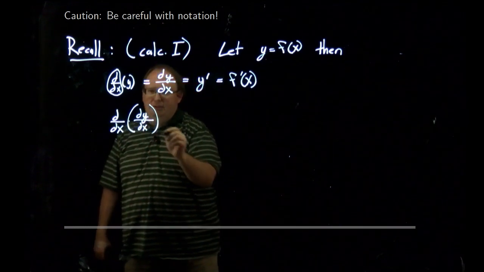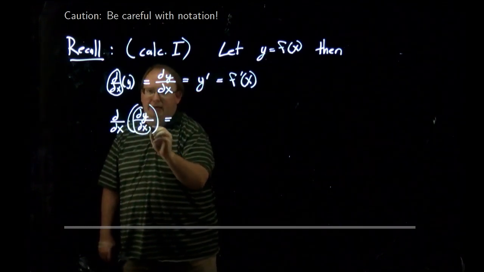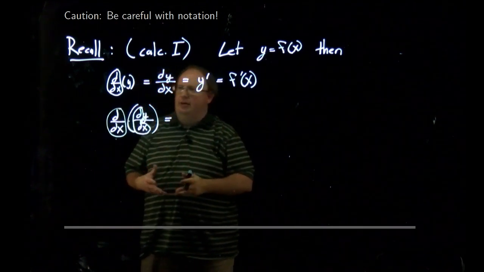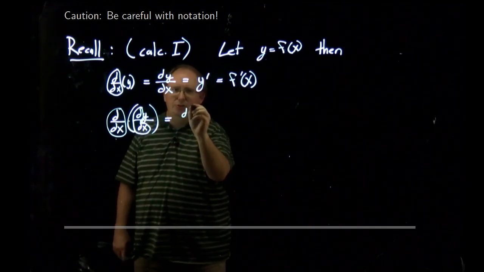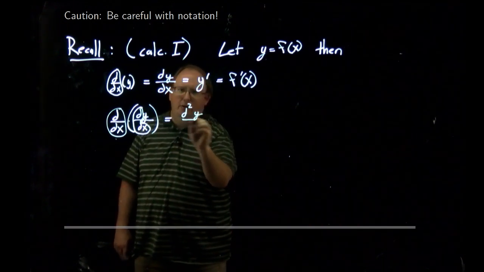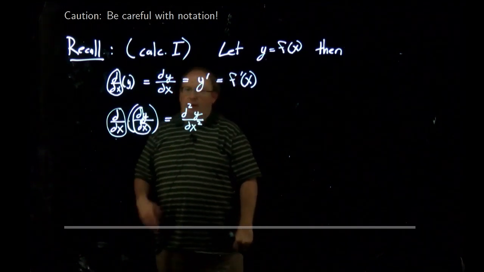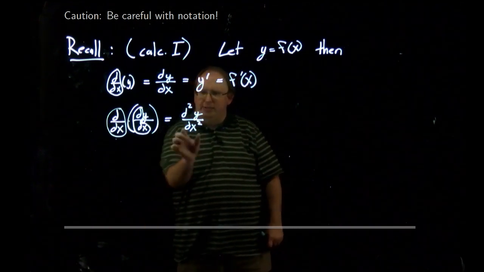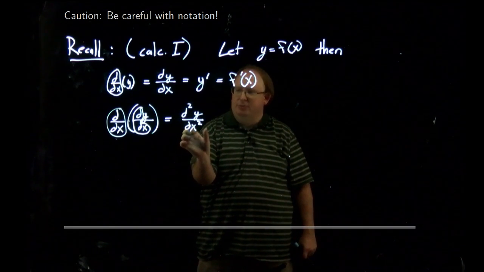And when you combine this notation, you'll notice that the d over dx, that's again like one token to indicate we're taking the derivative with respect to x. That's going to turn into d squared y over dx squared. When I was an undergrad, I used to always think, why isn't the bottom d squared? But really, this is just one unit. This is like with respect to x is what this says.